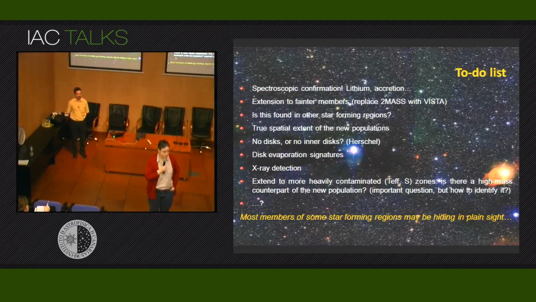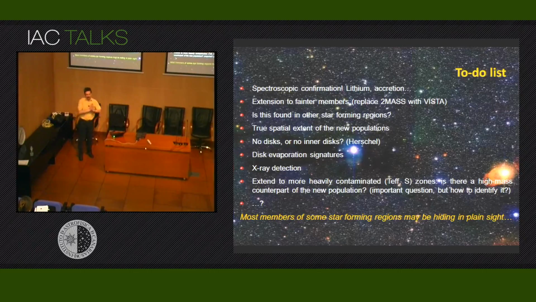In Lupus 1, in the range in which we can probe a relevant range of ages, we have too few objects. Most of the objects that we detect in Lupus 1 are actually at higher temperatures than the ones that we can identify in Lupus 3 because of the fortunate fact that Lupus 1 is at higher galactic latitude, and therefore we don't have to be concerned about background contamination.